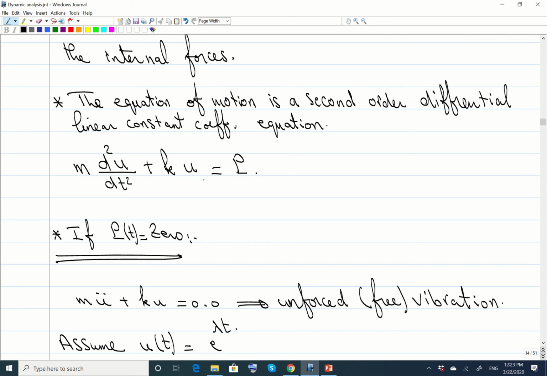So what we're going to be doing throughout the lectures is solving this equation again and again with different conditions, different forces and so on, okay? We're going to start with the easiest case. We're going to assume P equals 0. There is no force. P of t is equal to 0. We only have m d2u by dt squared plus ku equals 0, okay?